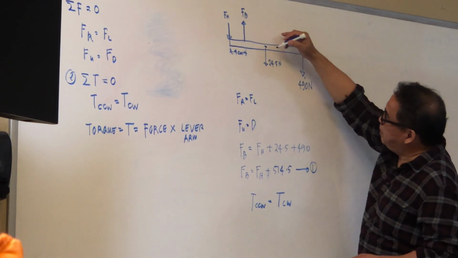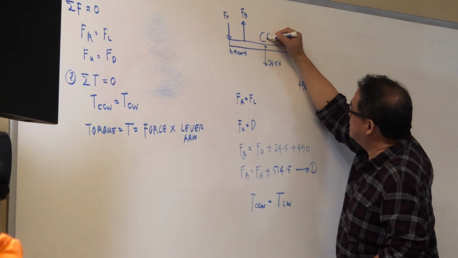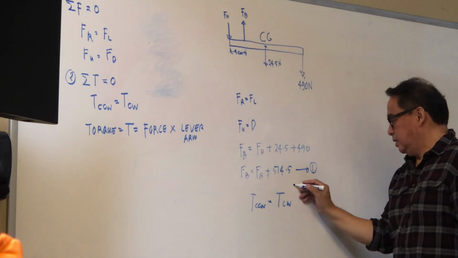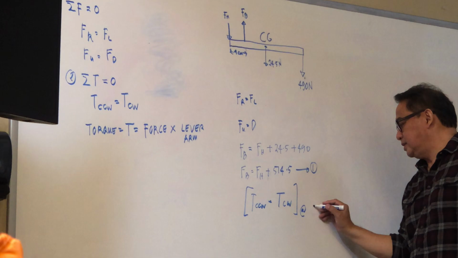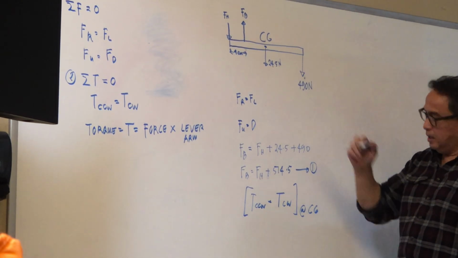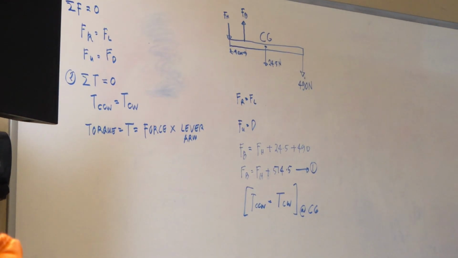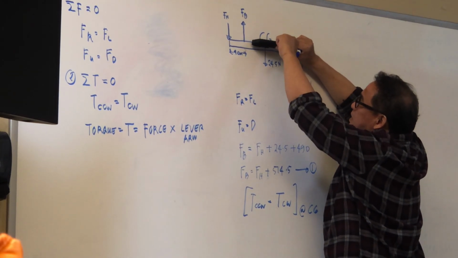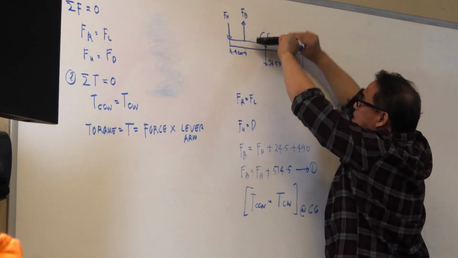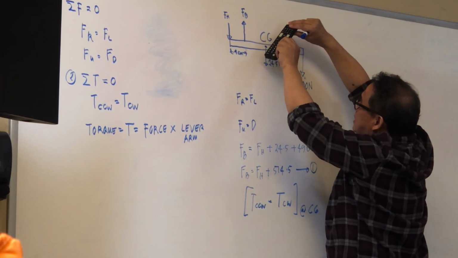Here, the pivot point is at the center of gravity. If our pivot point is there, it's as if the structure is hinged at the center, so it rotates counterclockwise and clockwise.